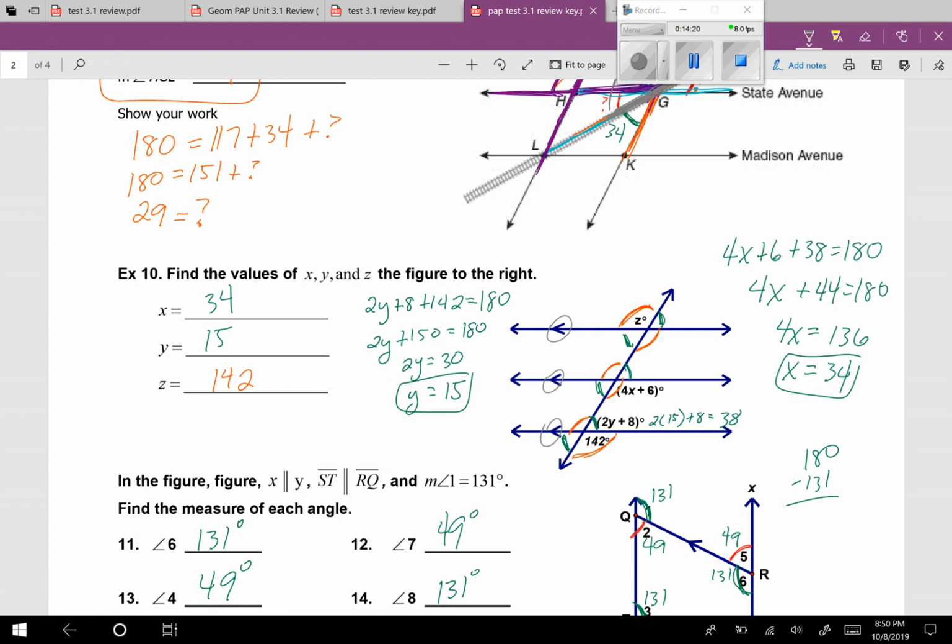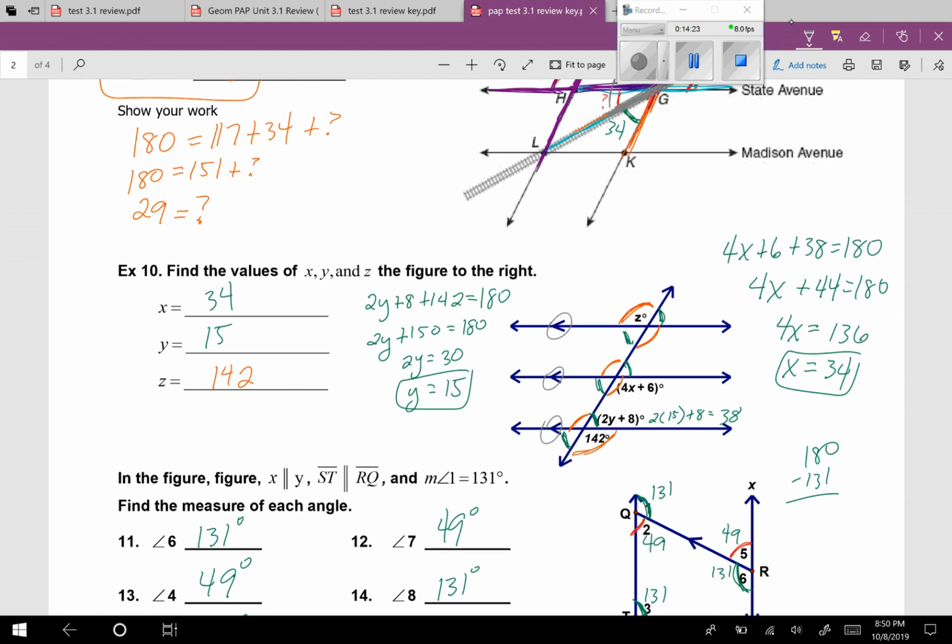So what I found was that right away, Z and this 142, those are equal, so I didn't even have to work. I knew that Z was 142. Now, the X and the Y, I had to do a little bit of work to get. So first thing I saw was that this 2Y plus 8 and the 142, they were creating a linear pair.